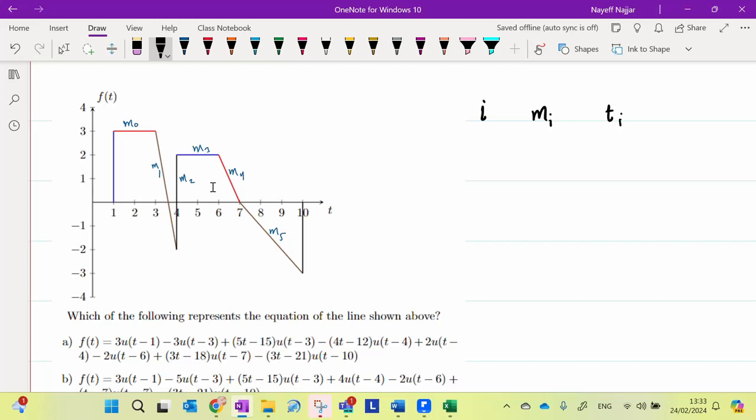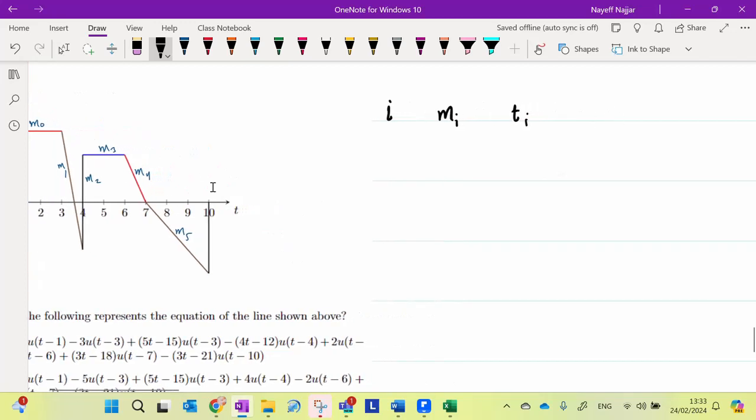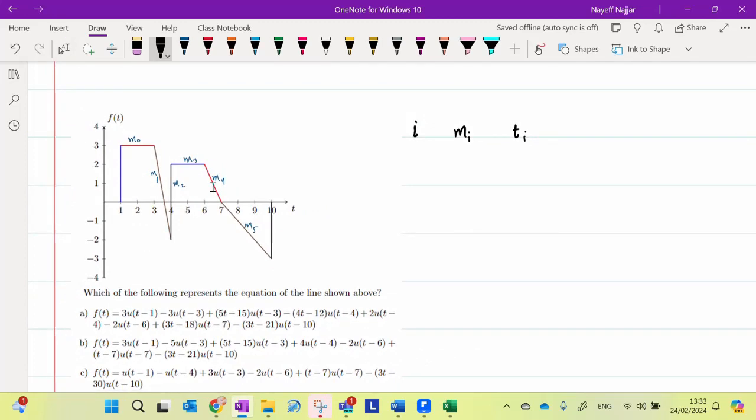This is where the segment starts, and then finally I have m_i minus m_{i-1}, t minus t_i, u of t minus t_i, like this. How many segments do I have? I have m6 in here, don't forget this one.